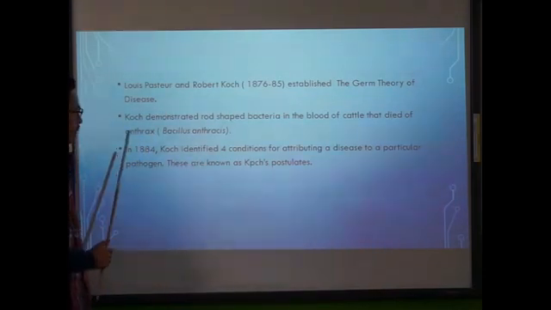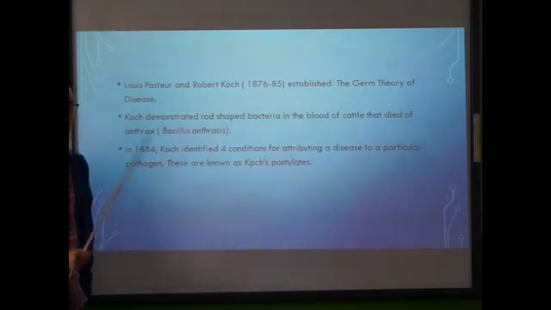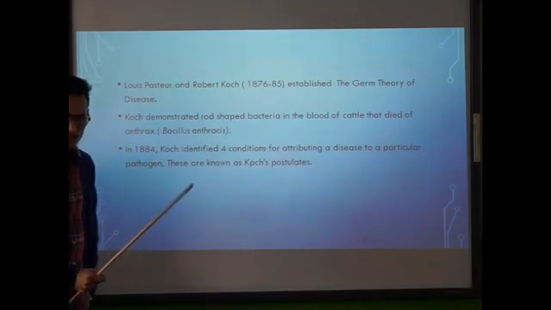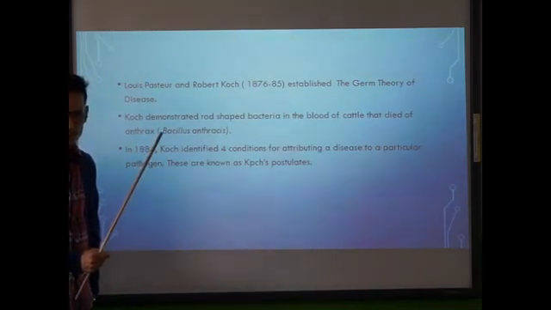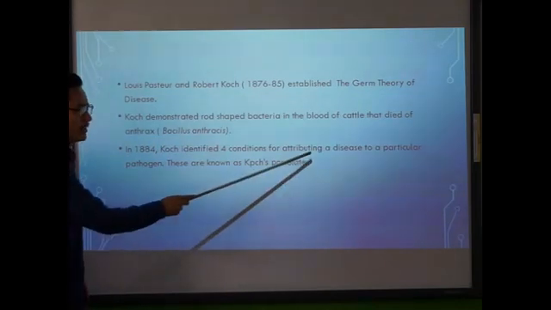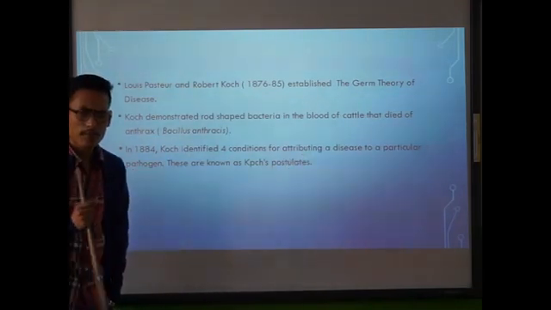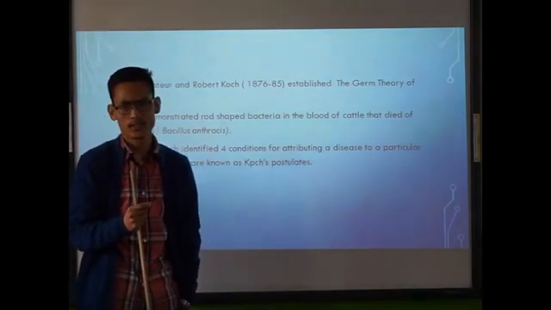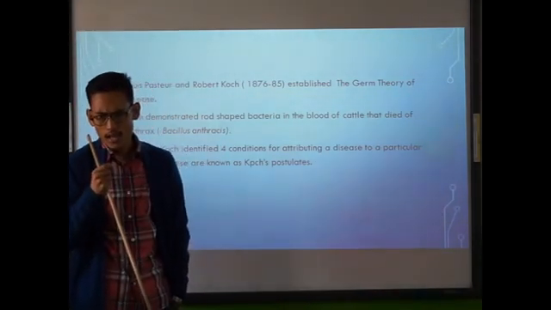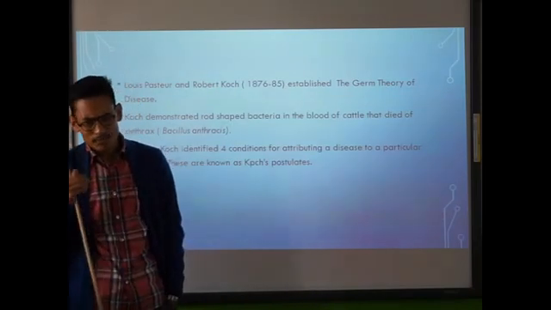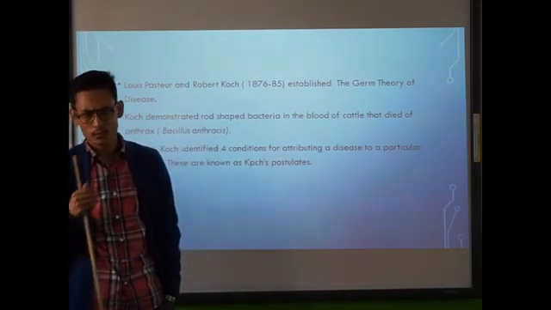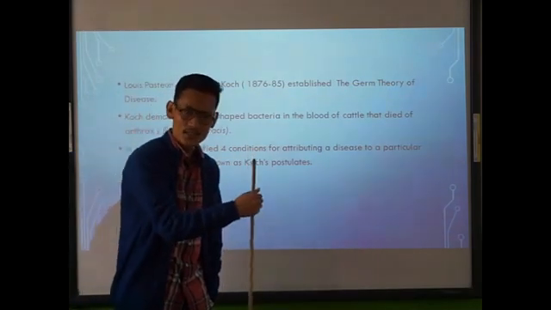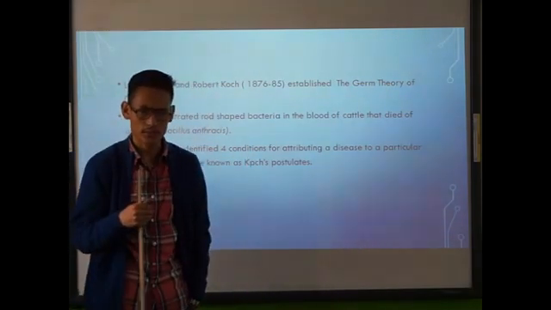Therefore, in 1884 Robert Koch identified 4 conditions that mainly attribute to a disease caused by a particular pathogen. He attributed that these particular conditions will lead to a particular disease caused by a particular pathogen.